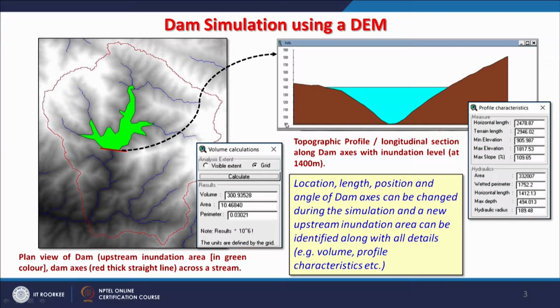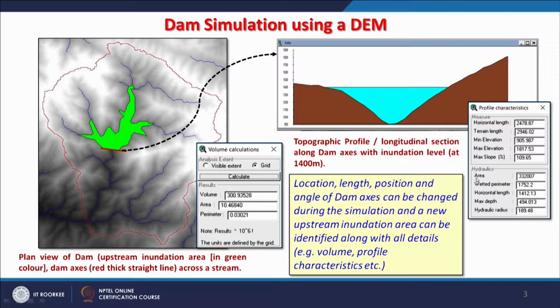Then the minimum elevation. What is the minimum elevation? This is coming around 905 here, as you can see very easily. Then the maximum elevation available along this topographic profile is 1817, and then the maximum slope is also there.